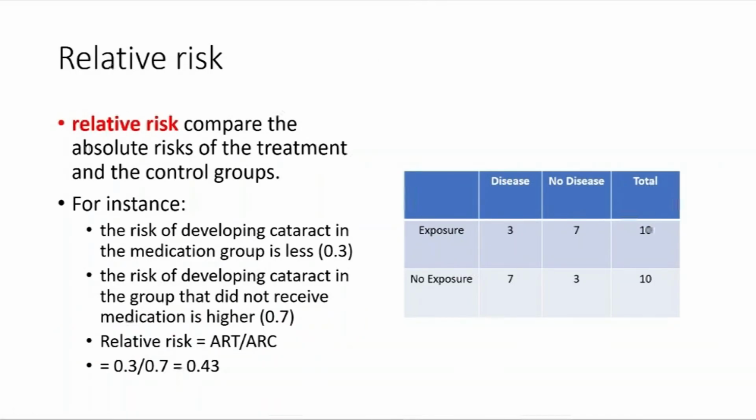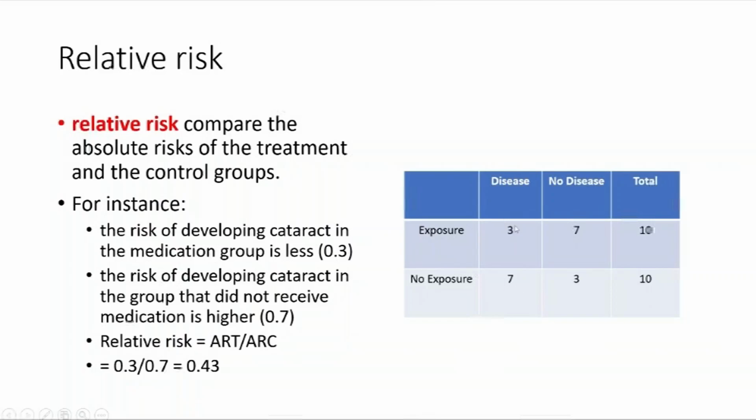Relative risk, unlike absolute risk, compares the two groups from the word go. Absolute risk of exposed versus absolute risk of not exposed. It is represented as the absolute risk in the treatment group divided by the absolute risk in the control group.